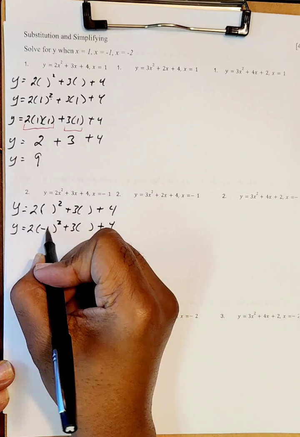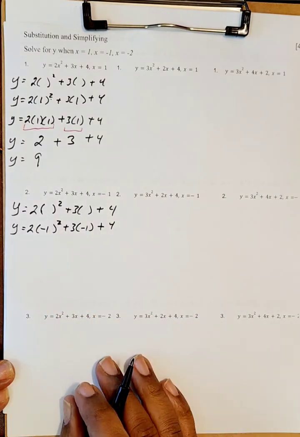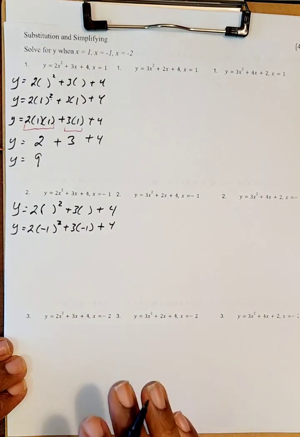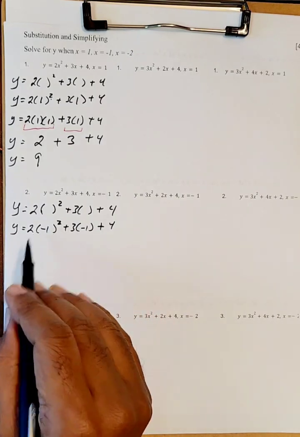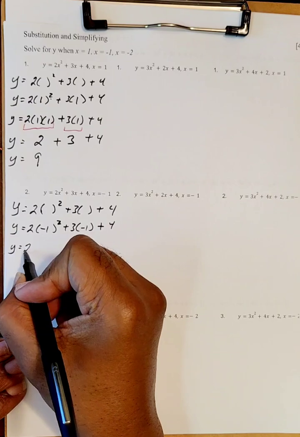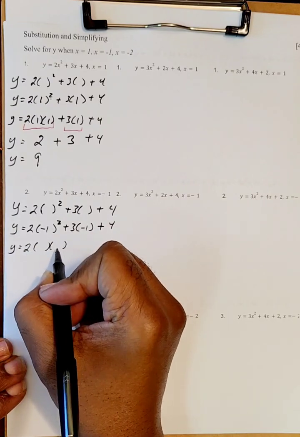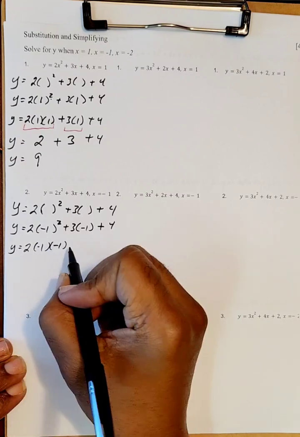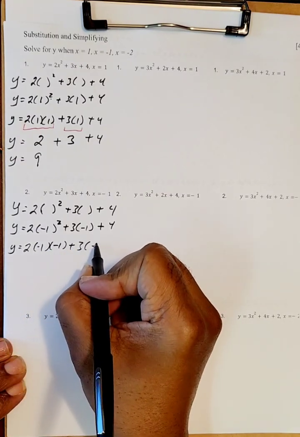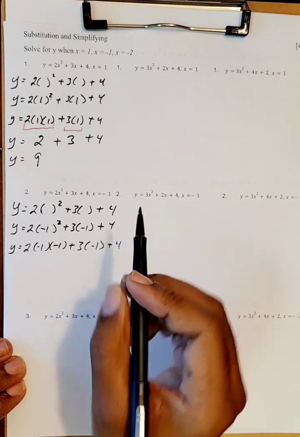So -1 goes here, and -1 goes here. So now we're going to do expansion. The only place we need expansion is here. So this is going to be the 2 parentheses, then -1, -1. So that's been expanded to -1 times -1, plus 3 times -1, and then plus the 4.